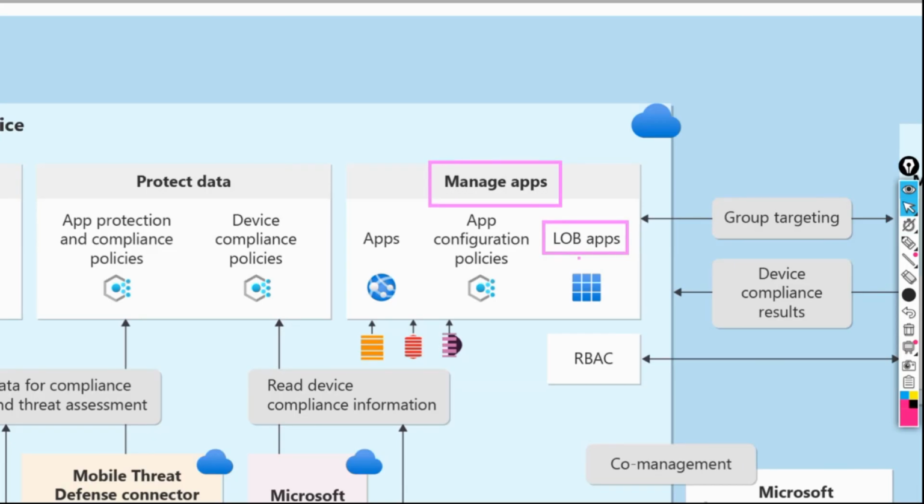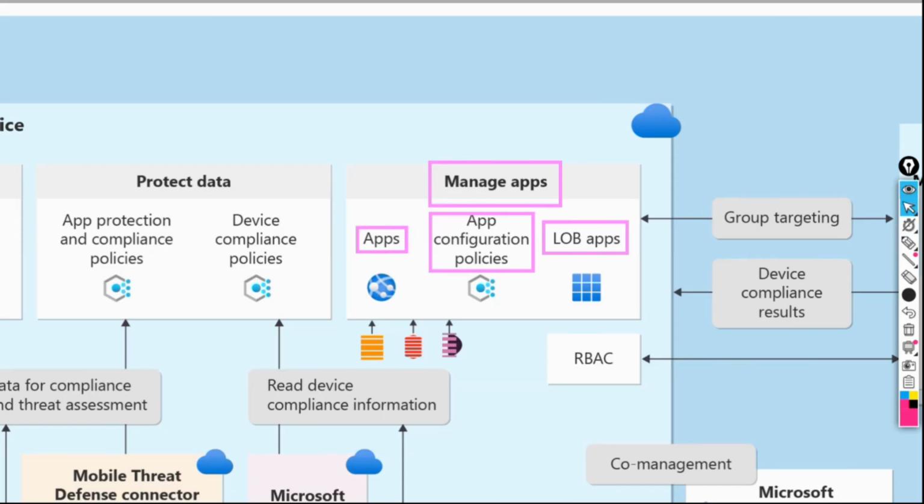Those LOB apps can also be managed from Intune. You can set app configuration policies, and accordingly the app will be verified, and if the configuration policies are correct, then you are good to go. Then you can install applications, send applications to the device, repair, reinstall, all sorts of things you can do from here.